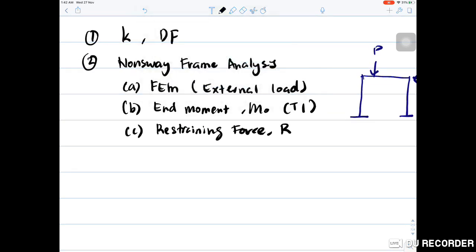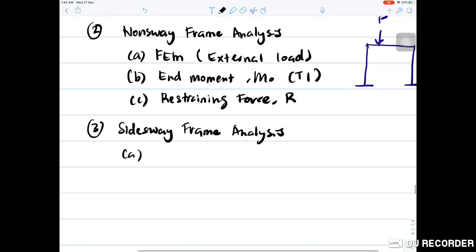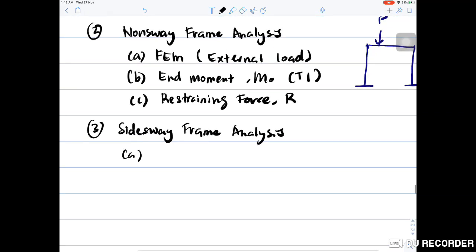And step number 3 is the sidesway frame analysis. A, for the sidesway frame analysis, we have to assume FEM due to sidesway, due to delta.